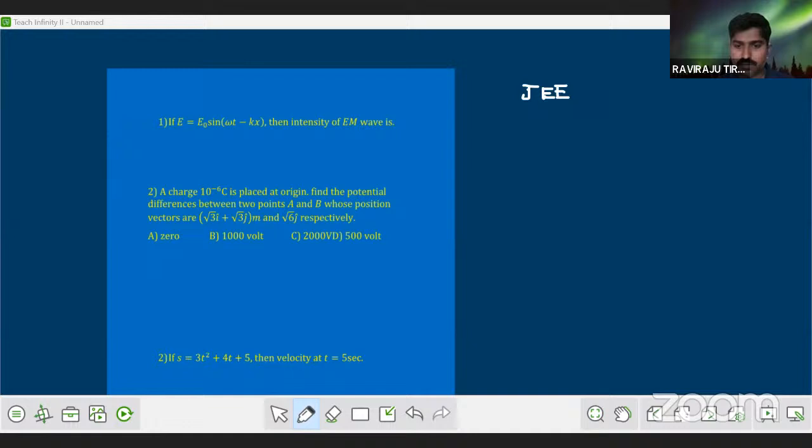now you have to calculate intensity only. What is the general formula for intensity that we have? Amplitude.